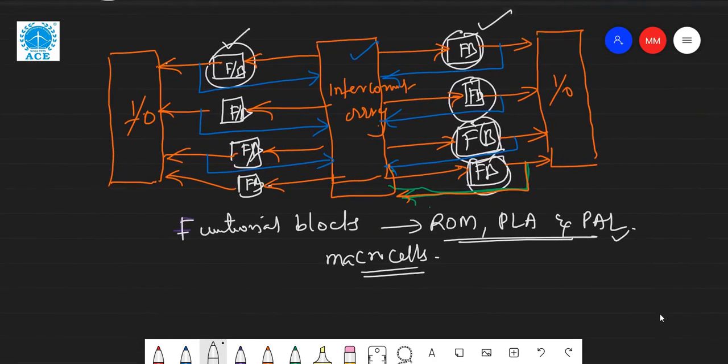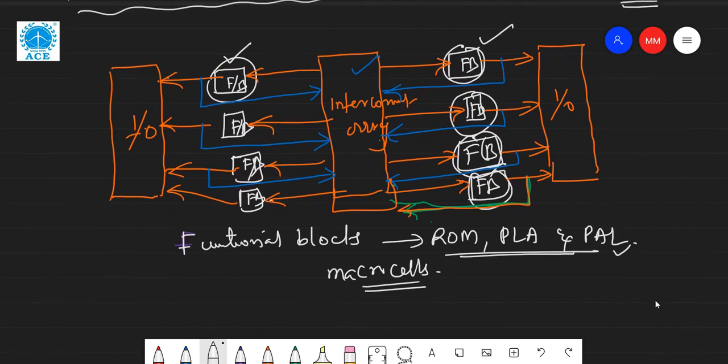So this basic structure, randomly drawn here, consists of input output functionality and functional blocks. A functional block consists of ROM, PLA, PAL and macro cells, along with the interconnect array or global interconnect matrix.